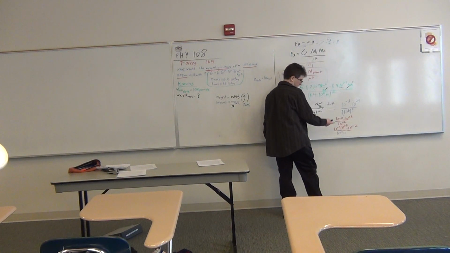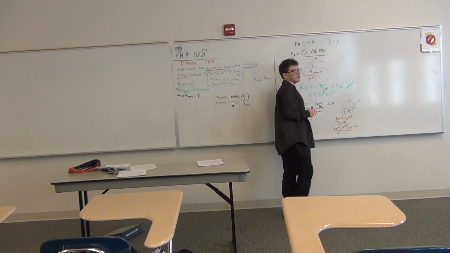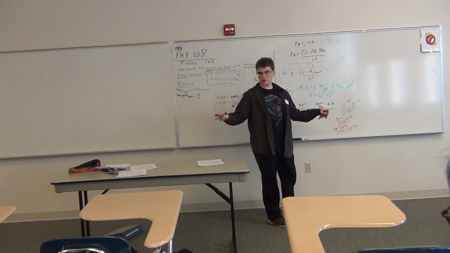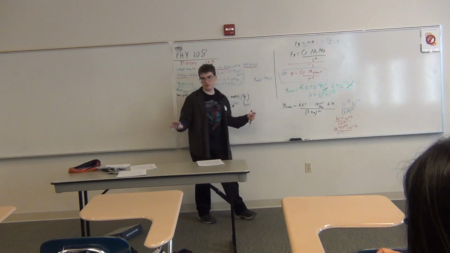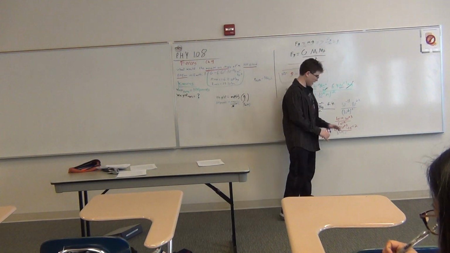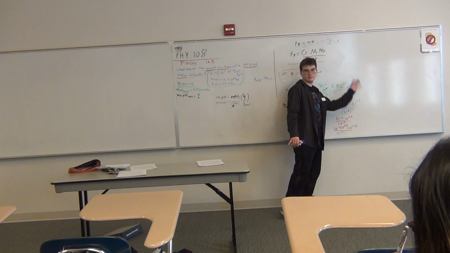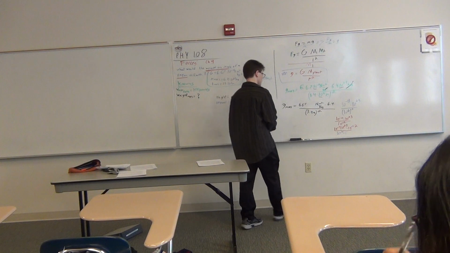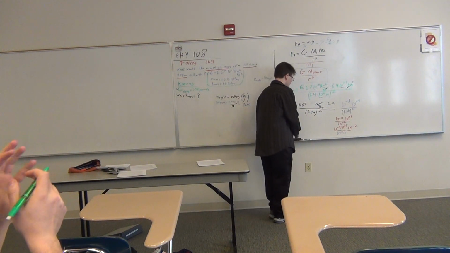They cancel each other out. You get 10 to the 0, and 10 to the 0 is 1. You guys all know anything to the 0th power is 1? Okay. Well, that's nice. We can forget about that for now.